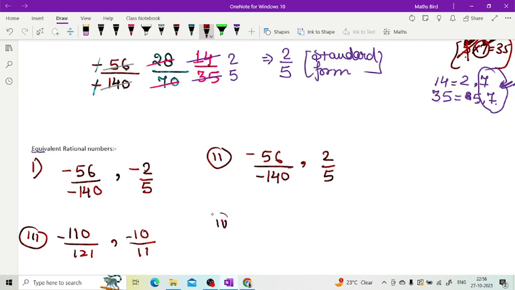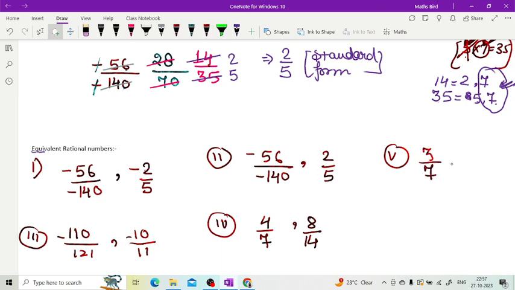The fourth one is 4 by 7 and 8 by 14, right? And the fifth one is again 3 by 7 and 9 by 21.